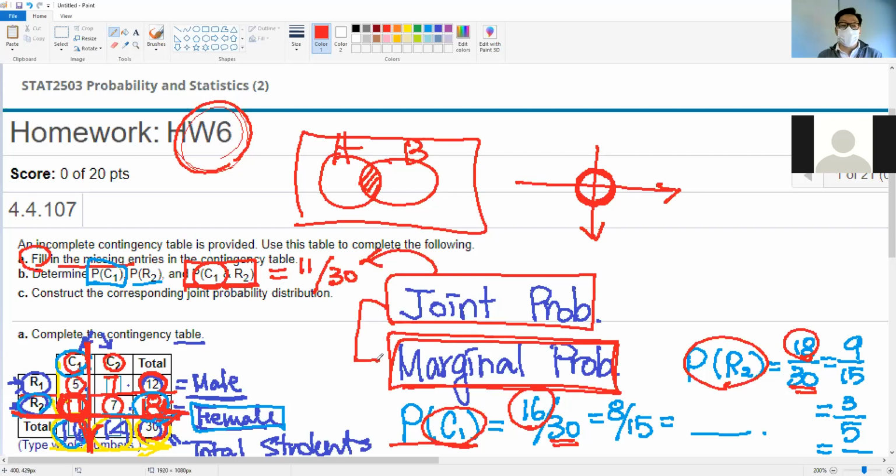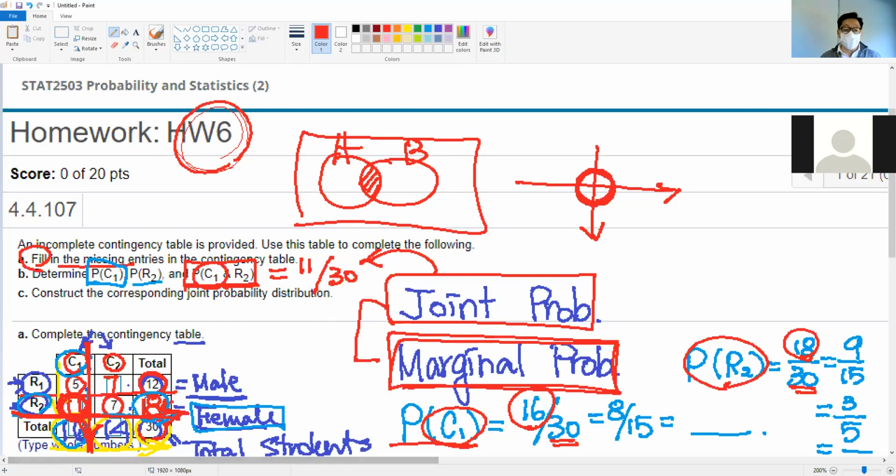So from the table, we can make the joint probability from inside of the table, and we can also take the marginal totals. Using the marginal totals, we can take the marginal probabilities. We are going to use the joint probability and the marginal probability for the next topic.